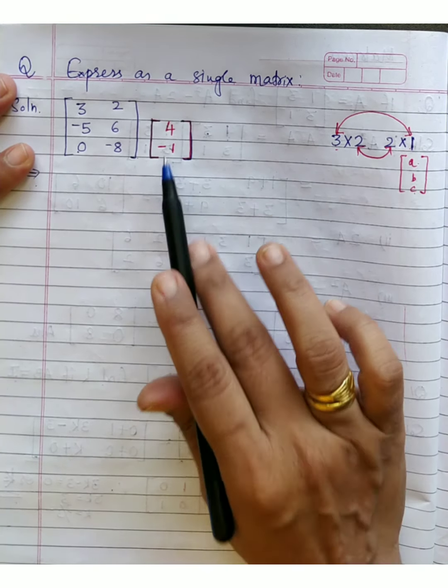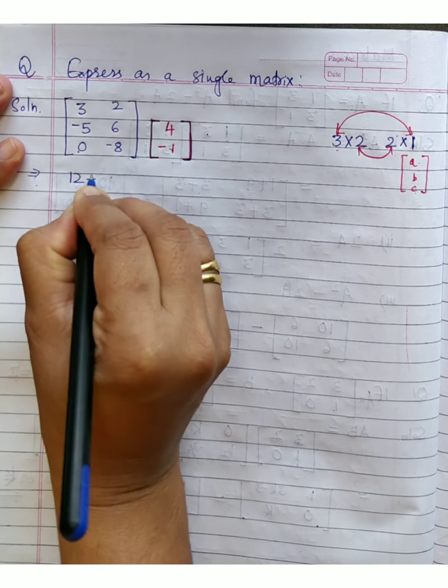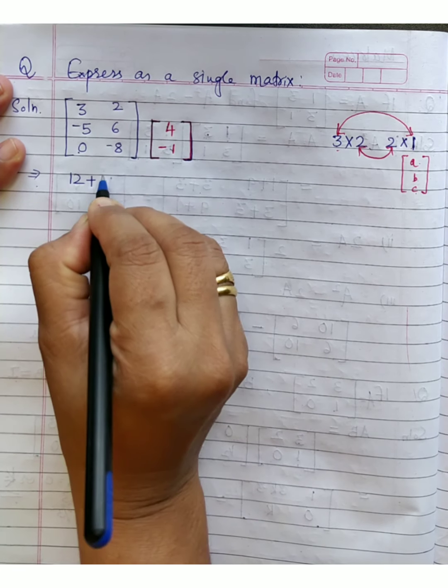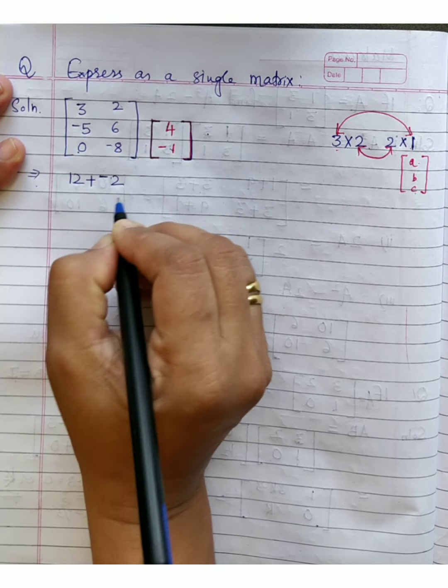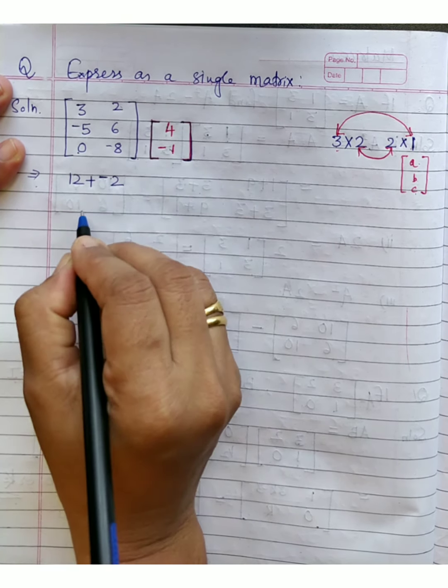That way. So 3 4s are 12 plus 2 into minus 1, minus 2. Now we will go below. That is the position I wanted to tell you. Minus 5 into 4, minus 20. 6 into minus 1, so plus minus 6.